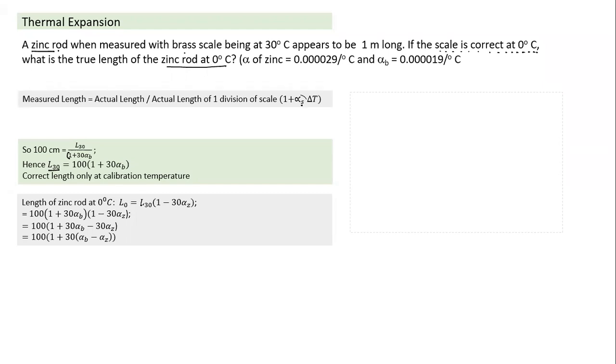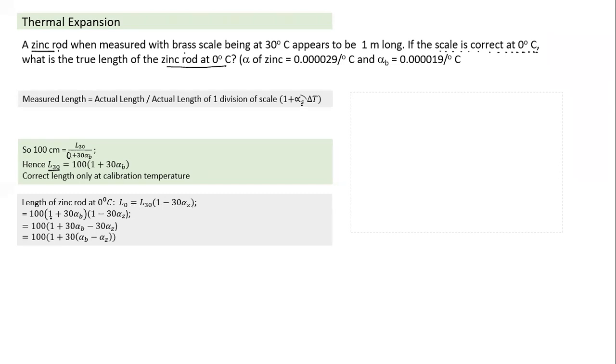The length at 0 degrees will be equal to the length at 30 degrees times 1 plus alpha into the change in temperature. Here the change in temperature, for L0, is negative 30 degrees, so it's minus 30 into alpha z, where alpha z is the coefficient of linear expansion of zinc.